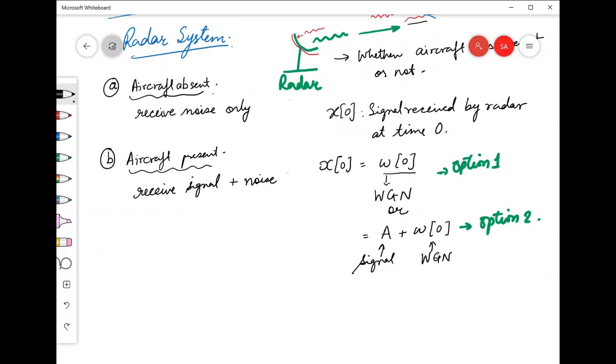In binary hypothesis testing, we also give names to these. If only noise is present, we call this hypothesis 0, also known as the null hypothesis. The other is hypothesis 1, also called the alternate hypothesis.